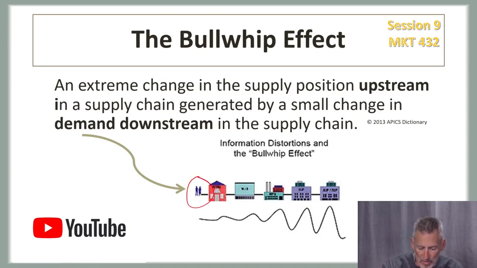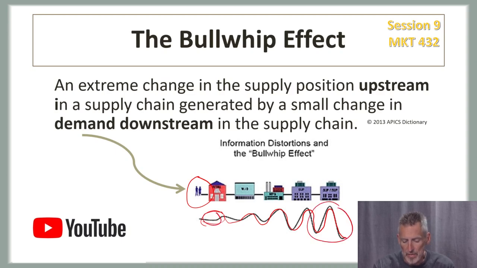As we see this small little change here, as we get further into the supply chain, each one of the entities within the supply chain carries more inventory. They want to make sure they have enough inventory so they don't have a stock out. So this small change up front represents a significant amount of inventory as you get further away from the customer. That is the bullwhip effect. You can see the YouTube video that I've got on the bullwhip effect.